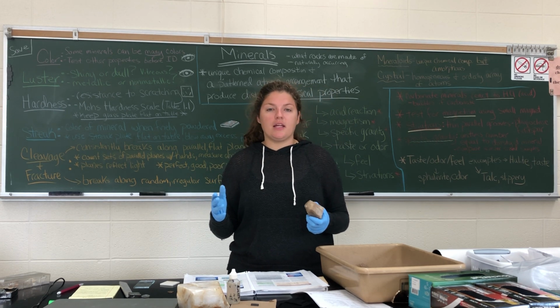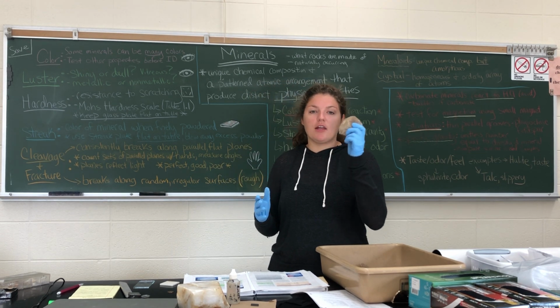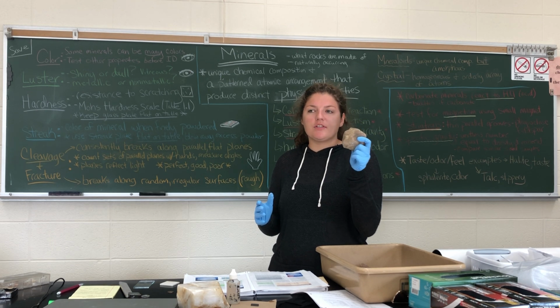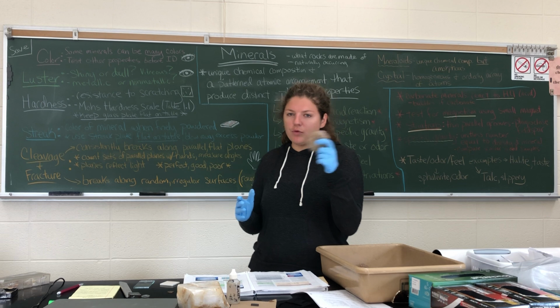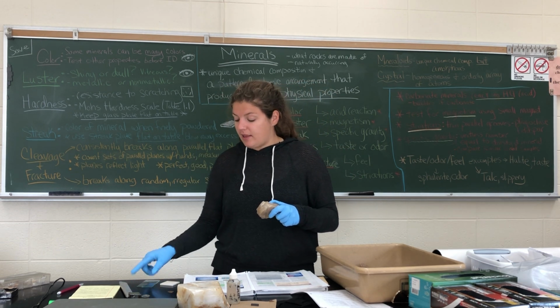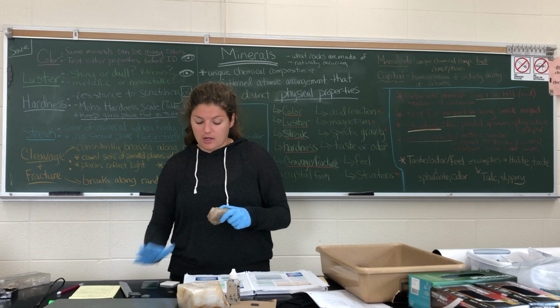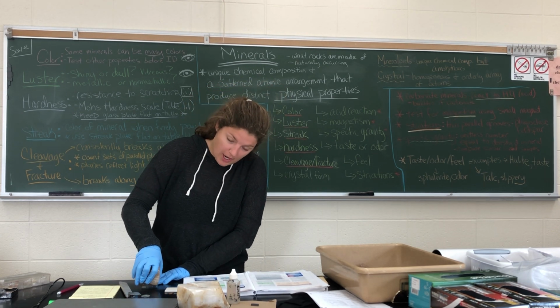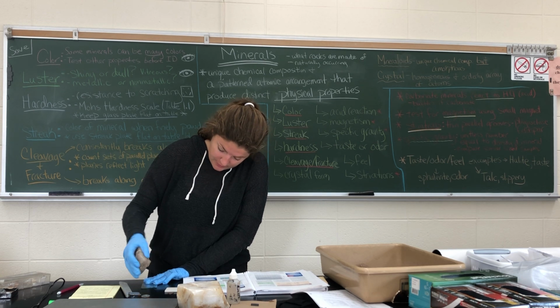Because it's harder than the penny, we don't know anything other than the hardness is greater than 3.5, right? But we want to give a specific hardness. So we're going to move on to the next test. We're going to use the glass plate. I lay it flat on the ground, and I take a pointed edge, and I slowly try to make a groove in the glass.